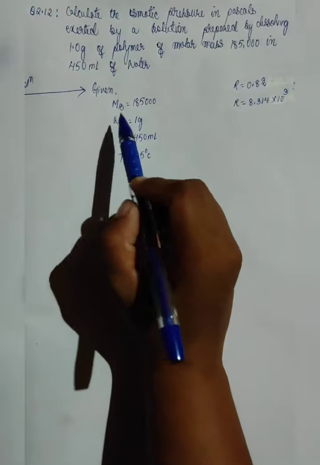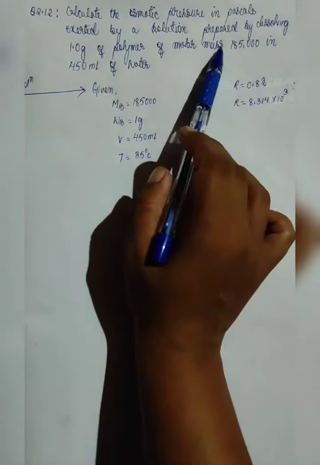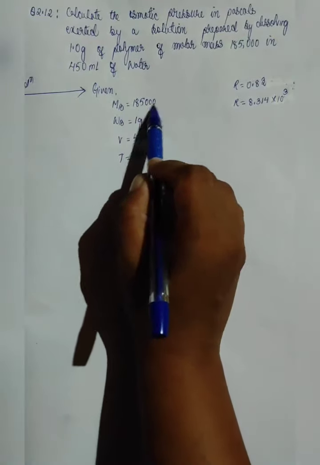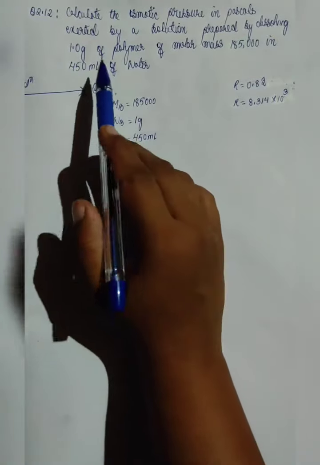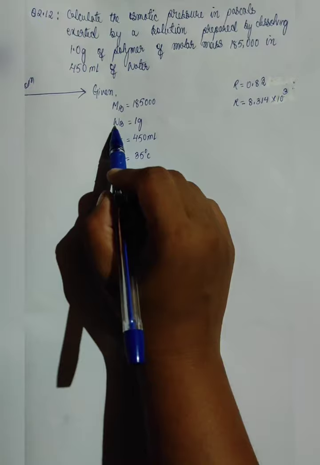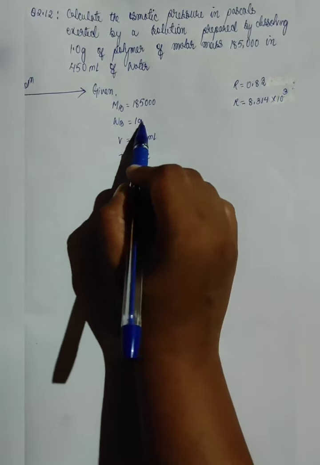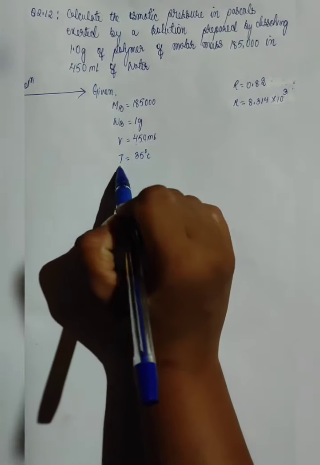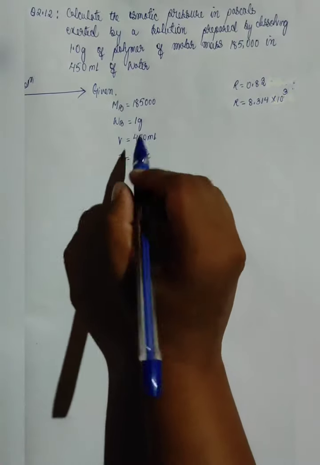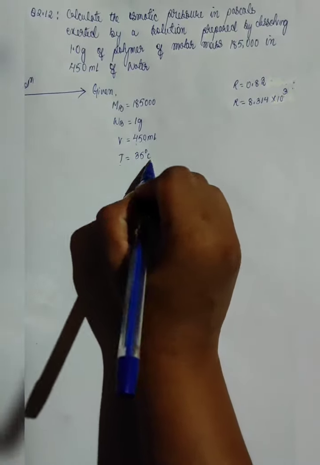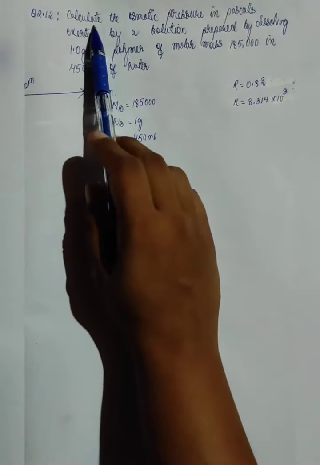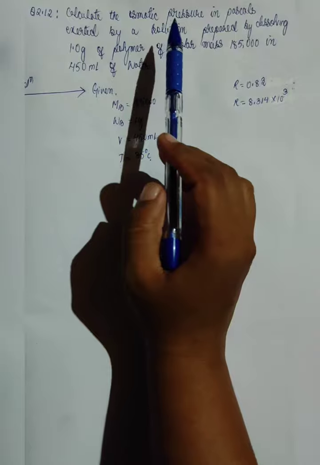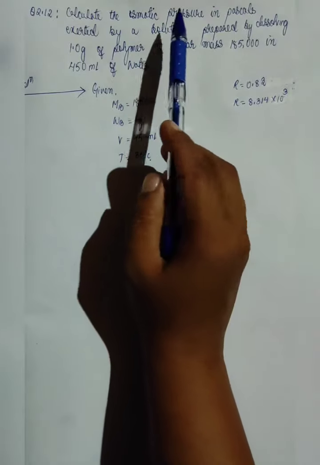Here we know that the molecular mass of the solute is mentioned, 185.30, and the mass WB is also mentioned, 1 gram. Volume is mentioned, which is 450 ml. Temperature is also mentioned, 35 degrees Celsius. In the question it is clearly mentioned to calculate the osmotic pressure. So directly we will put the osmotic pressure formula.